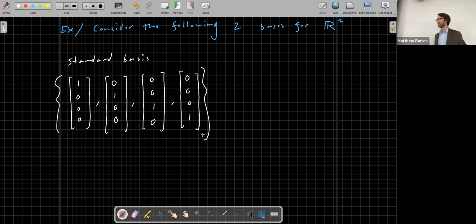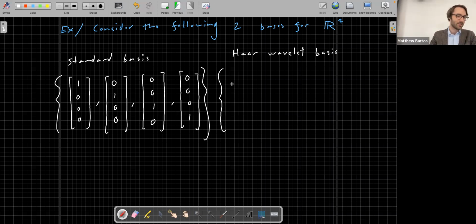It's the one that we are most familiar with. It's the one we are used to working with. Let's define an alternative basis for R4 that actually is useful in some cases. Who's heard of wavelets before? Okay, so we're going to define a new basis, which I will call the Haar wavelet basis. This is a real thing that is used in signal processing.